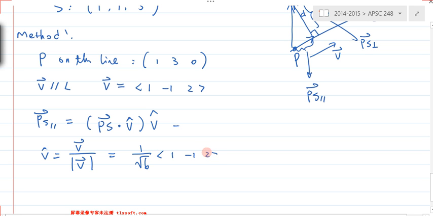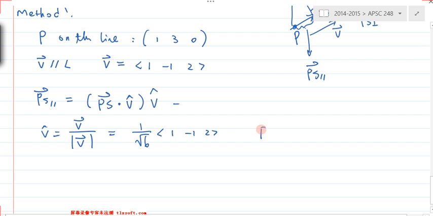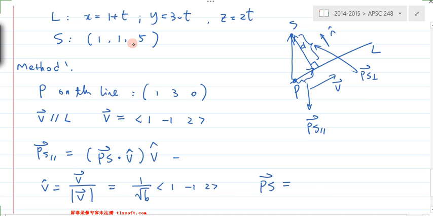So V hat is 1, negative 1, 2 over root 6. And PS, okay? PS is, use the coordinate of S, subtract the coordinate of P. So we have S over here, we have P over here. So 1 subtract 1, 1 subtract negative 2, 5 subtract 5. So 0, 3, 0... that's PS.